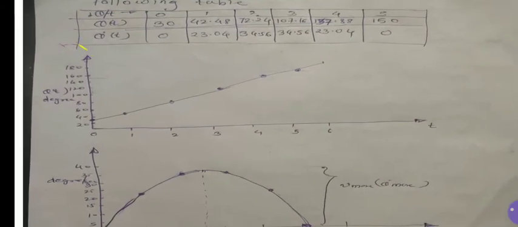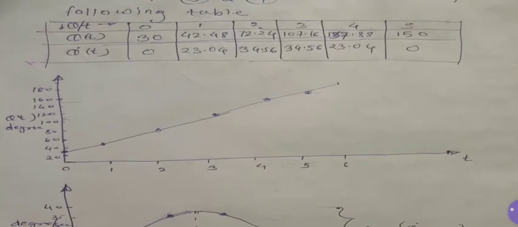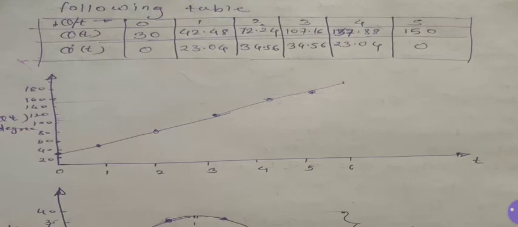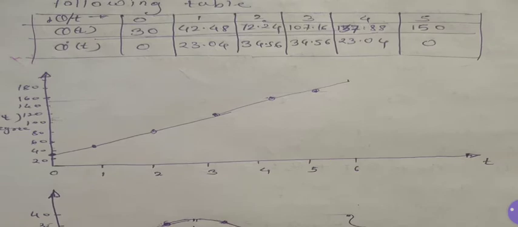In the next slide, by using that equation, we have found the values of theta of t and theta dot of t for the different values of time, say 0, 1, 2, 3, 4, 5. So I got these values, and I will plot the graph of theta of t versus time.